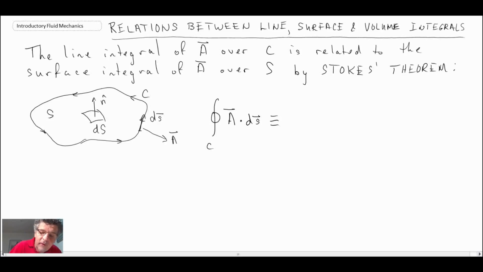And we can relate that to being an area integral. The relationship would be if you take the cross product of your vector field A that you're performing the line integral on, and then you dot that into the area vector dS.